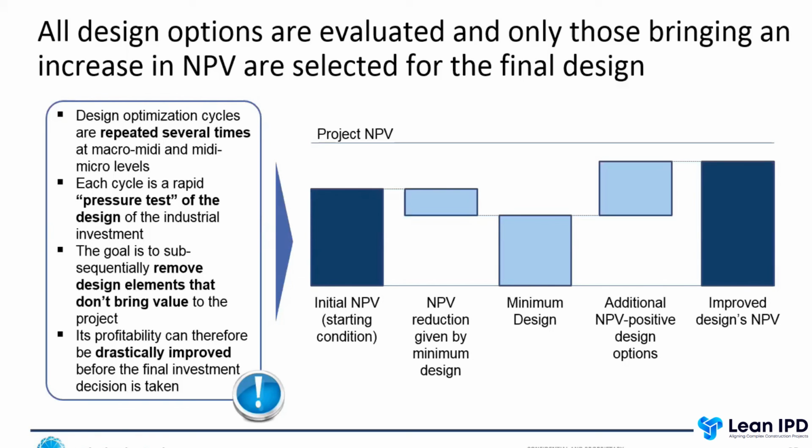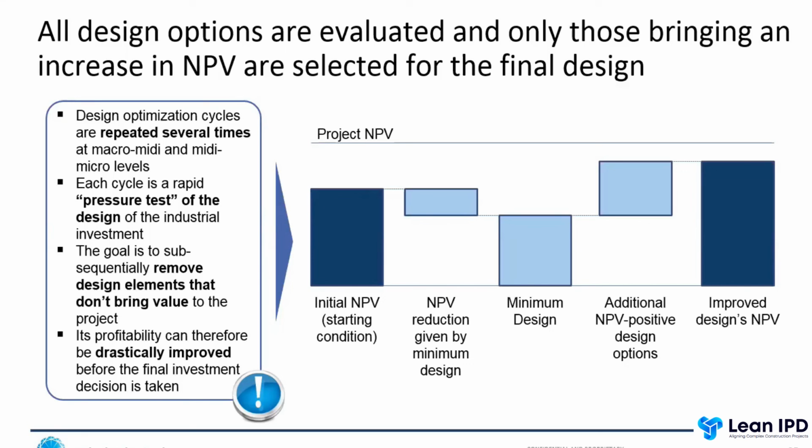But then, once we are at this stage, we will develop all the different design options that the team is able to generate in these brainstorming sessions. Some of them will reduce the NPV and therefore will be rejected. And some of them will add NPV to the minimum solution and therefore will be included.